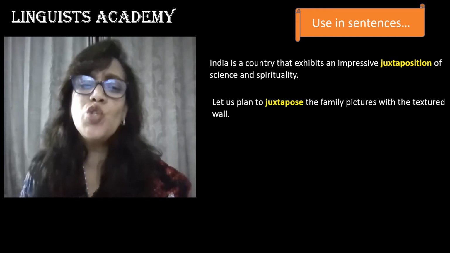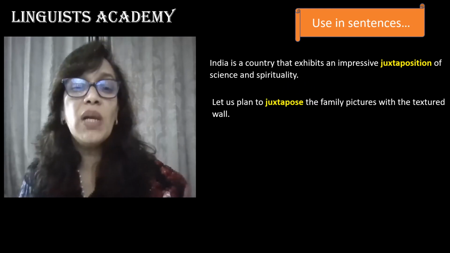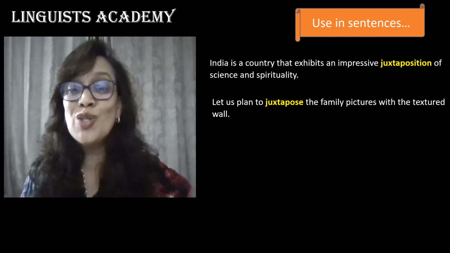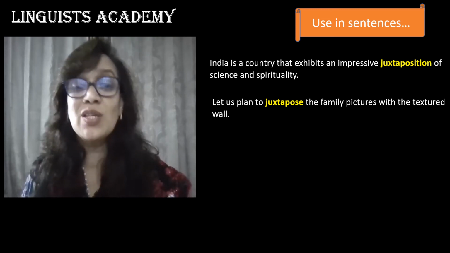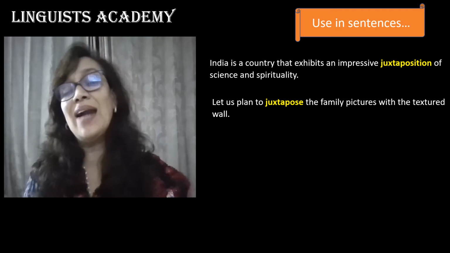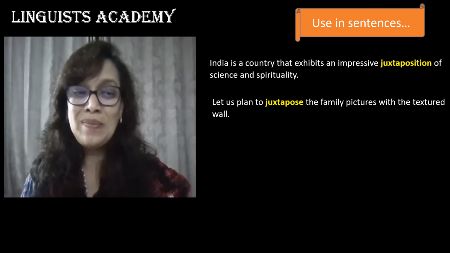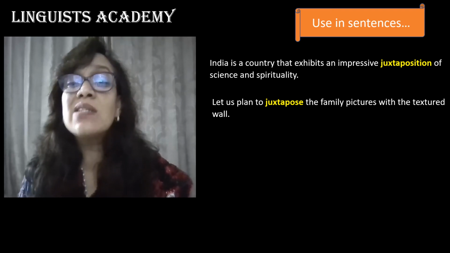See the next one. Let us plan to juxtapose the family pictures with the textured wall, where you put the two things together, the family pictures and the textured wall, and you are juxtaposing it.